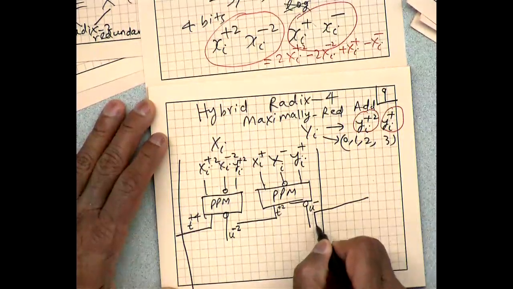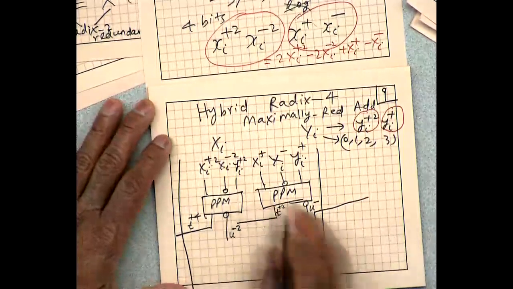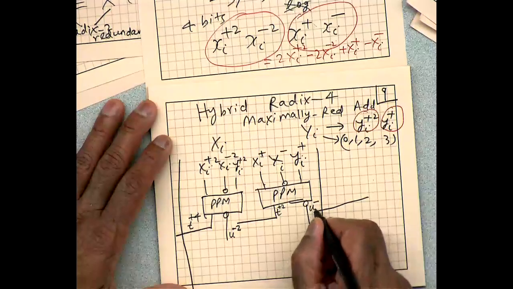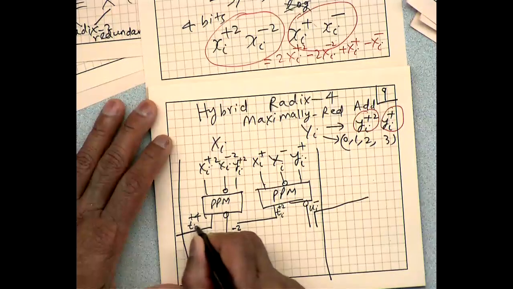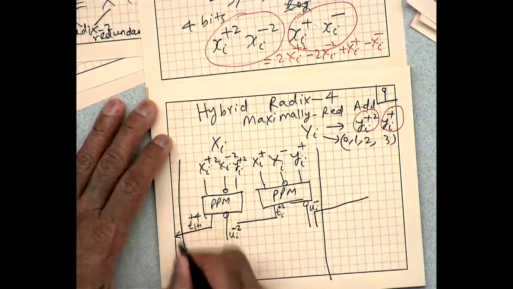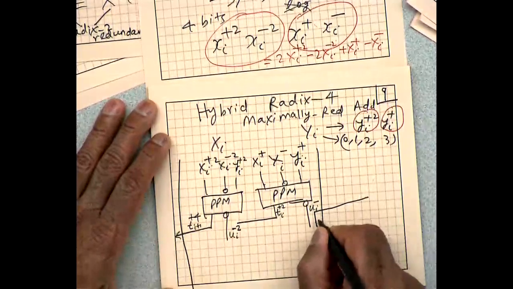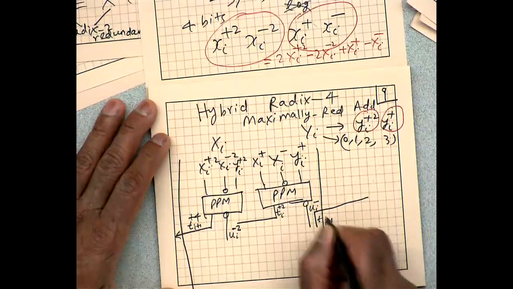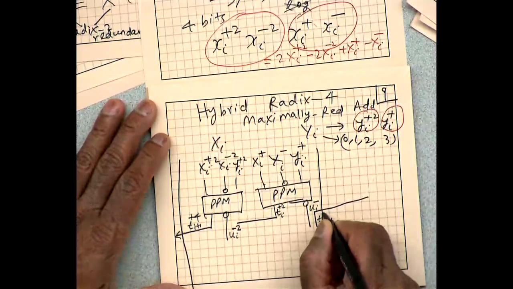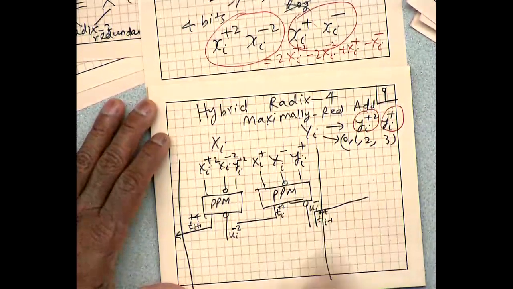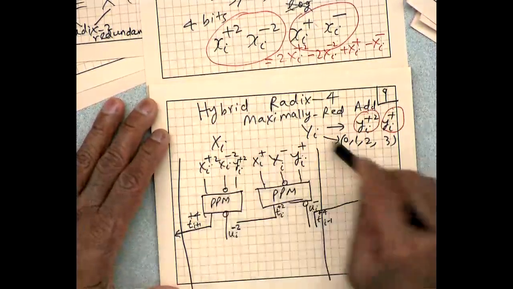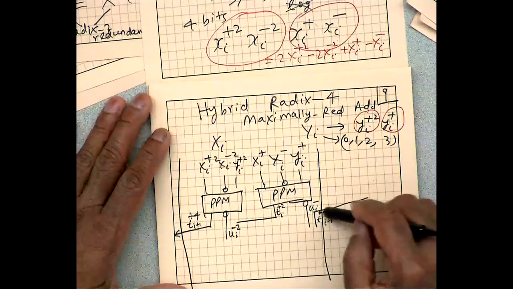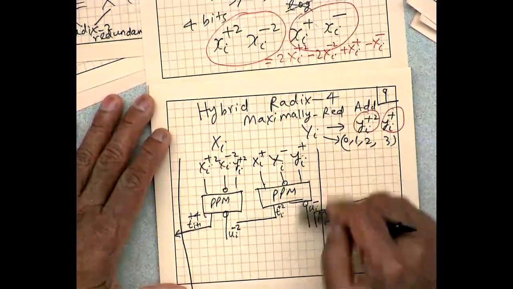So if I think about this as ui, ti, ui, and this is ti plus 1 going there, and this is ti minus 1 plus 4. Think about this as radix 4. So the weight of all of these is 4 times less than all of these weights. So the positively weighted 4 lines up very nicely here.